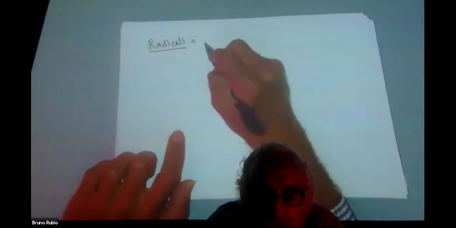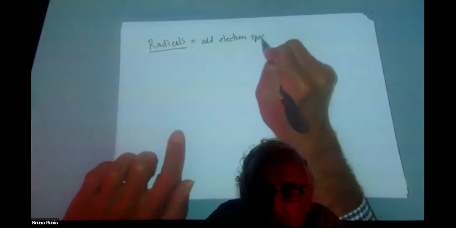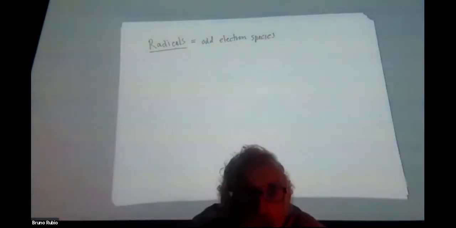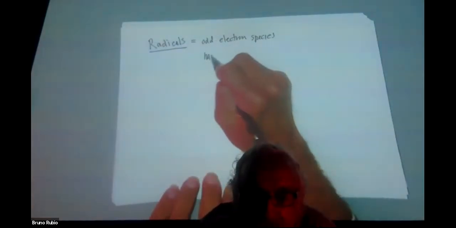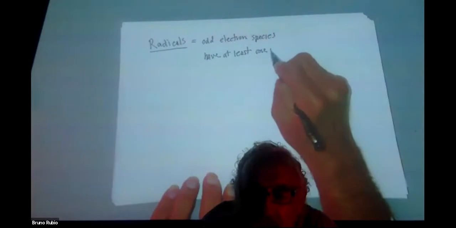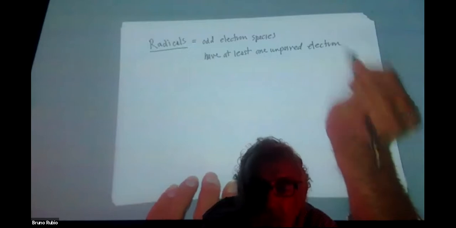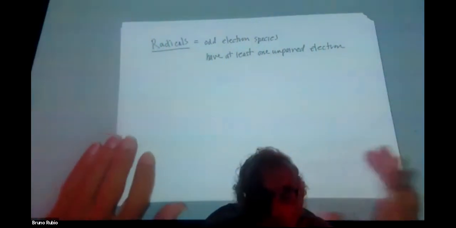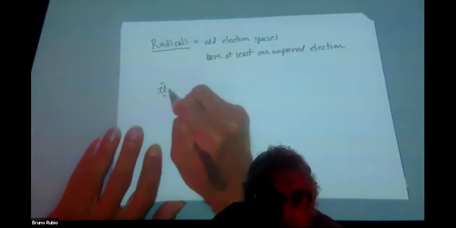A radical is an odd electron species, right? Radicals don't have octets because octet means 8, and 8 is an even number. So radicals are odd electron species. They have at least one unpaired electron. From Gen Chem, we're familiar, say, on the periodic table, with a chlorine atom.